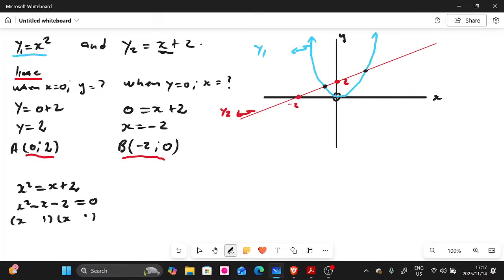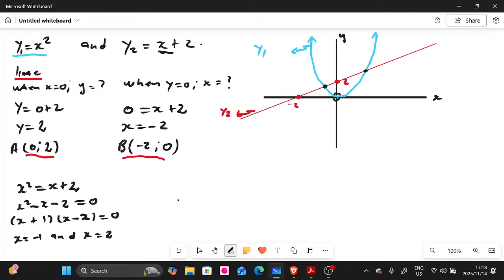So the one in the middle must take the sign of the bigger factor. So let's do this. The bigger factor is 2, it is the one that must take the sign in the middle there. And then this is going to be 1, or this is equaling to 0. Meaning now our x is going to be negative 1 and our x is going to be 2.